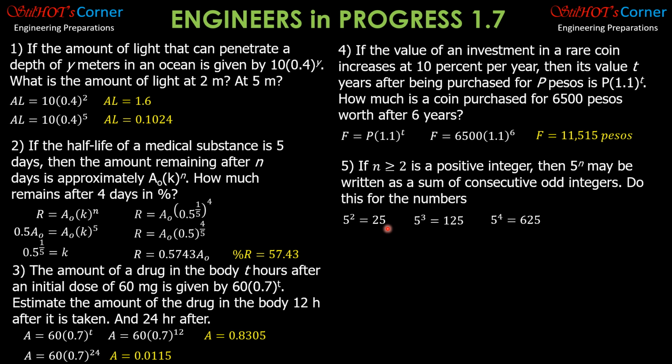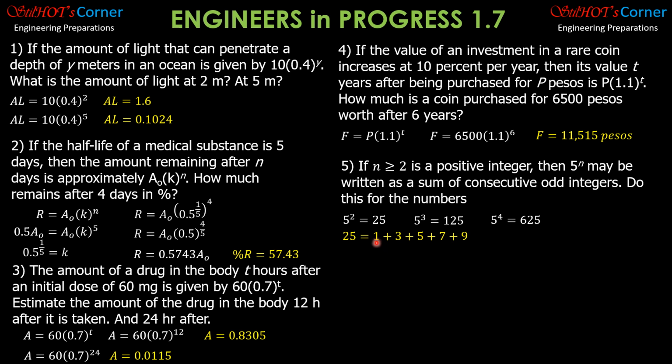So 25 minus quantity 2 plus 4 plus 6 plus 8, which is 20. So 25 minus 20 is 5, divided by 5 because the right side is 5x, so x is 1. So this is the sum of 1 plus 3 plus 5 plus 7 plus 9, consecutive odd integers.